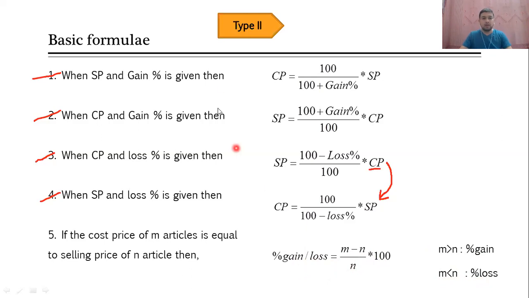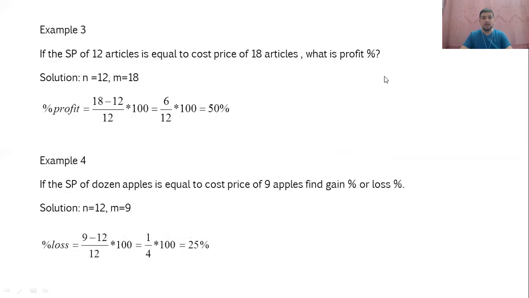Now we will see how to apply these formulas in numericals. The first numerical is: if the SP of 12 articles is equal to the cost price of 18 articles, what is the profit percentage?